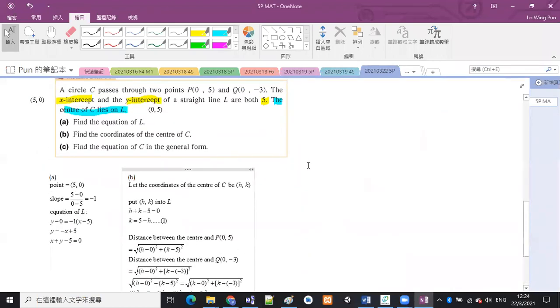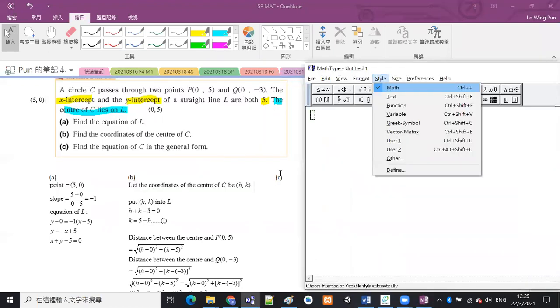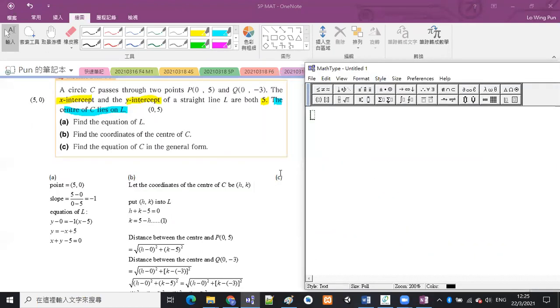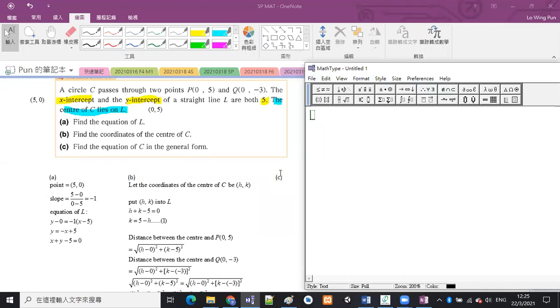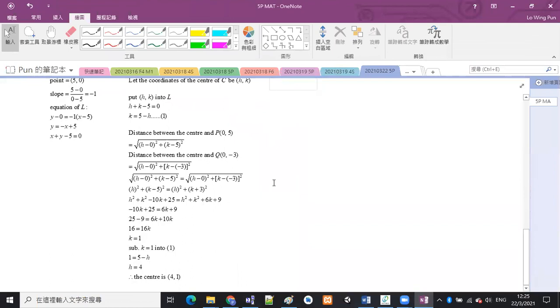And in part C, the question asks you to find the equation of C in general form. We have the center, and actually we can calculate the radius. Okay. The center is (h, k), that is (4, 1).